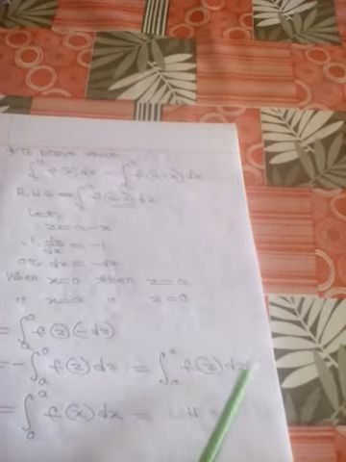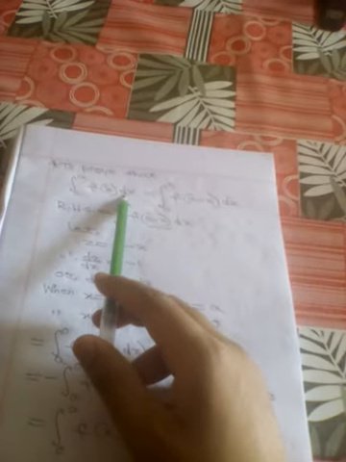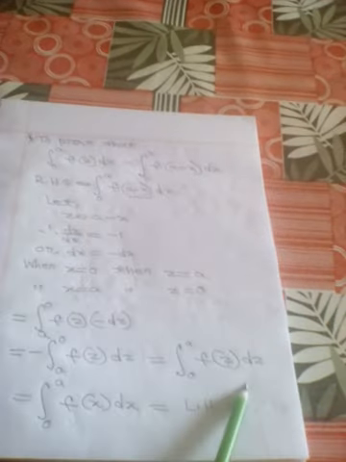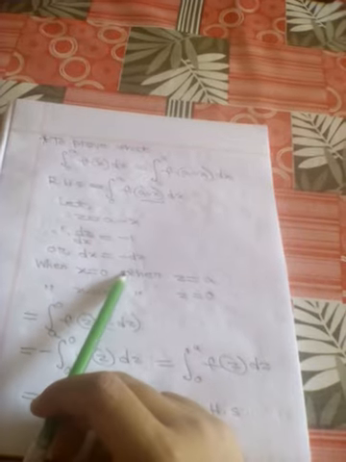Now what can we do in the next line? F of z dz. We have to prove it in the form f of x dx. Here notice it is dx. Then we took z equals a minus x.